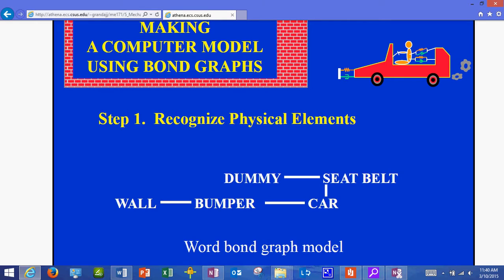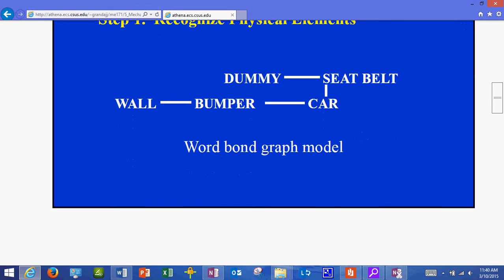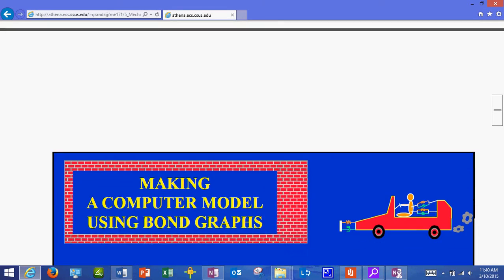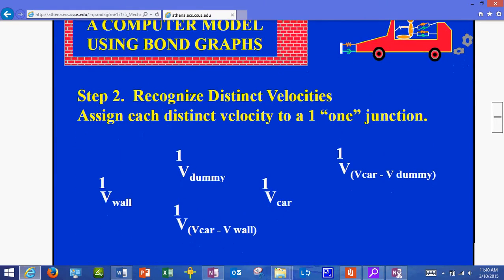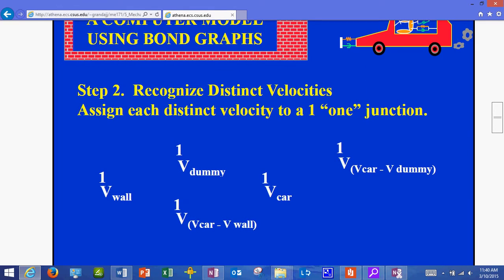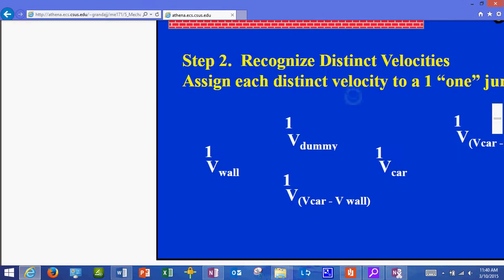What I'm going to propose is this word bond graph, which is, I would say, our logical guideline as to what the system is. We should follow some steps in here to be able to do this. The first step that I do is recognize the velocities of the system.